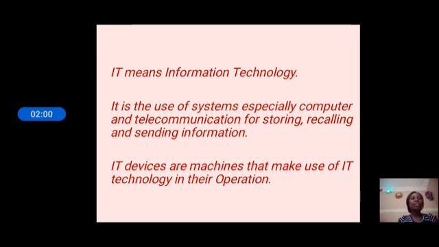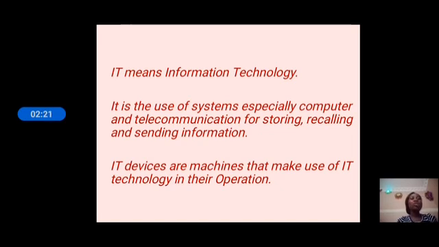Now let us go to what it means. IT means the use of systems, especially computer and telecommunication, for storing, recalling, and sending information. Now, IT devices are those systems, those things that you use in sending and receiving information.